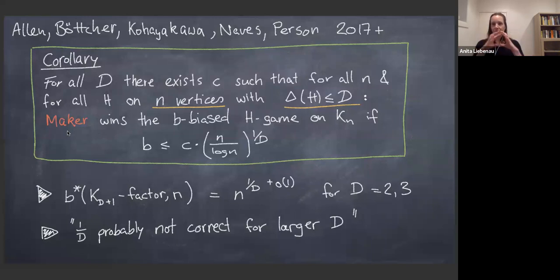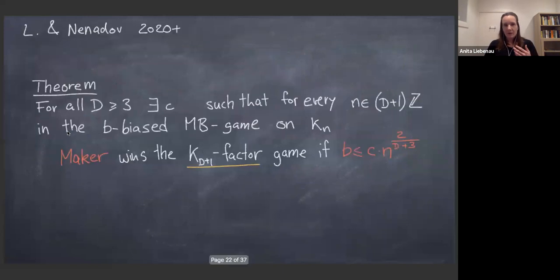And that's what we confirm. So we prove that when your d is at least 3, then Maker has a strategy in the b-biased Maker-Breaker game to win the K_{d+1} factor game if your bias b is at most c times n to the 2 over d+3.